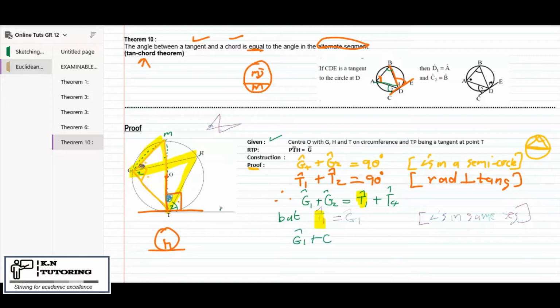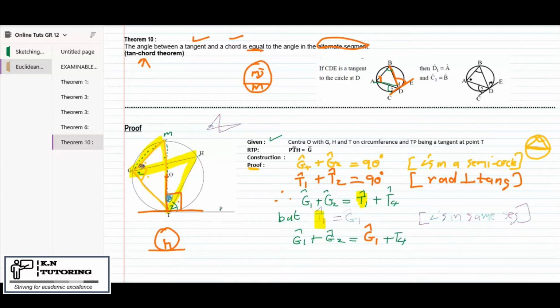So I had G1 plus G2 is equal to, where I see T1, I can substitute G1. So I replace this T1 with, I take another pen, I can substitute this G1 and then go back to my previous color, plus T4.